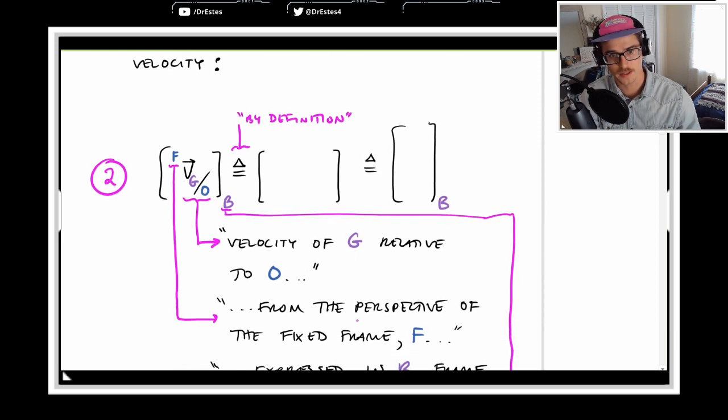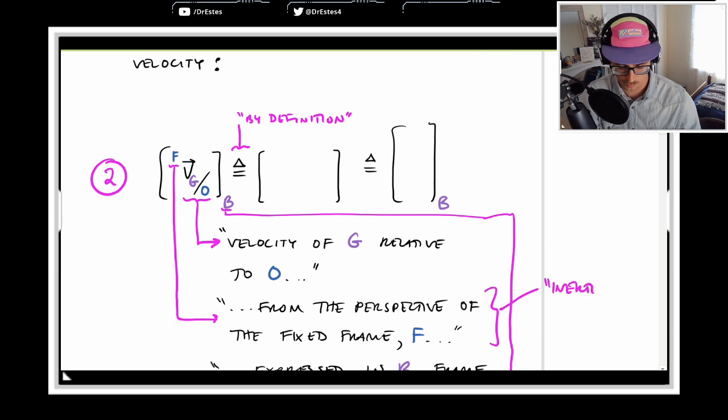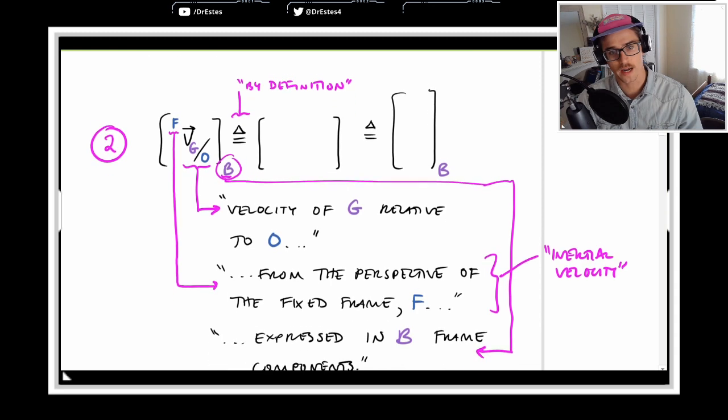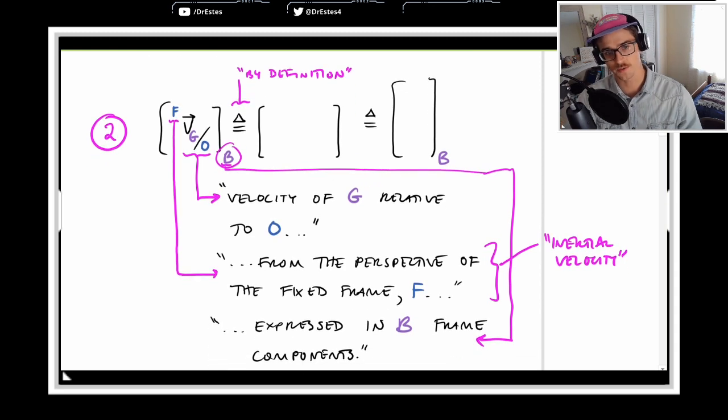From the perspective of the F frame, that superscript hasn't changed. This tells us that we're dealing with an inertial velocity. The time derivative is taken with respect to the F frame. The difference here is this subscript. We're now expressing that inertial velocity in B frame components.